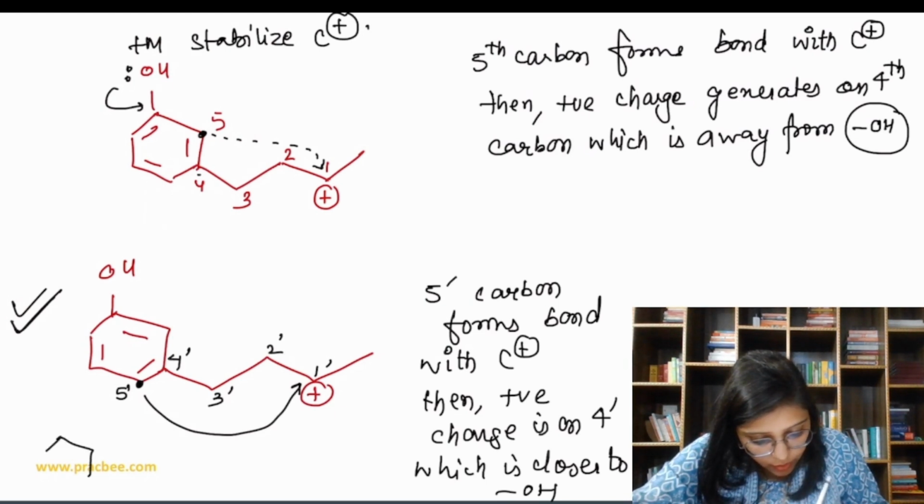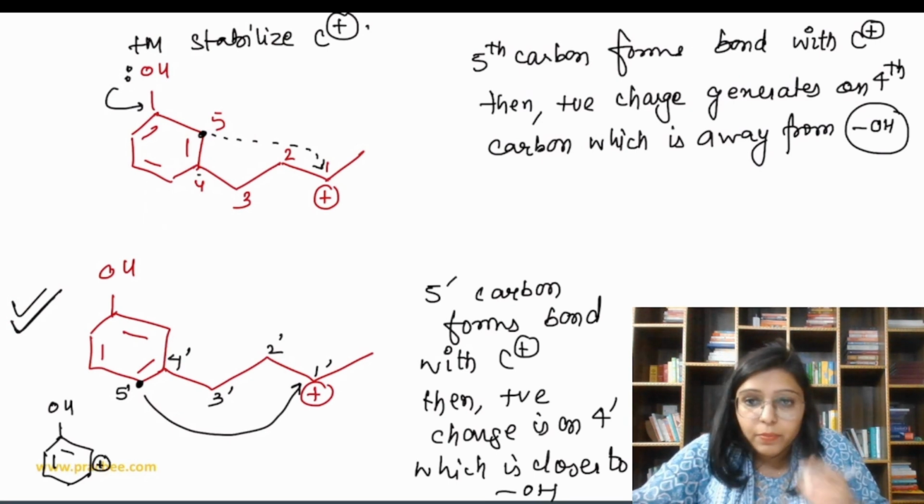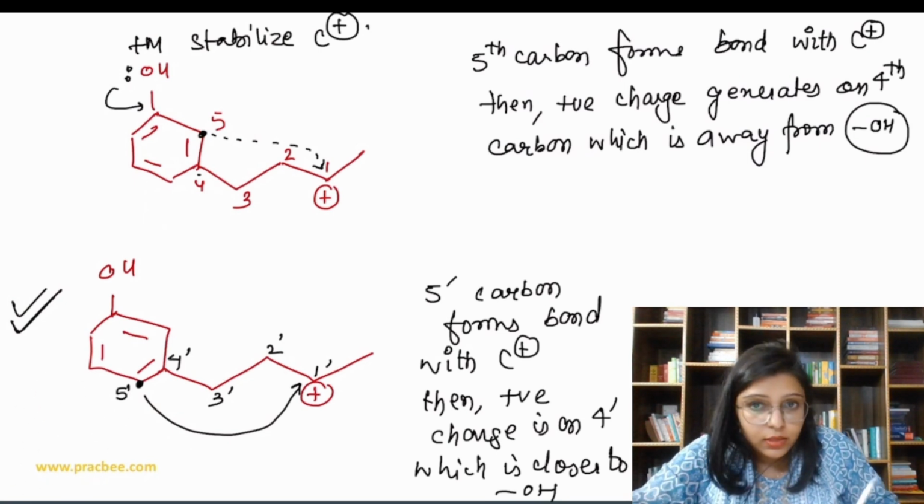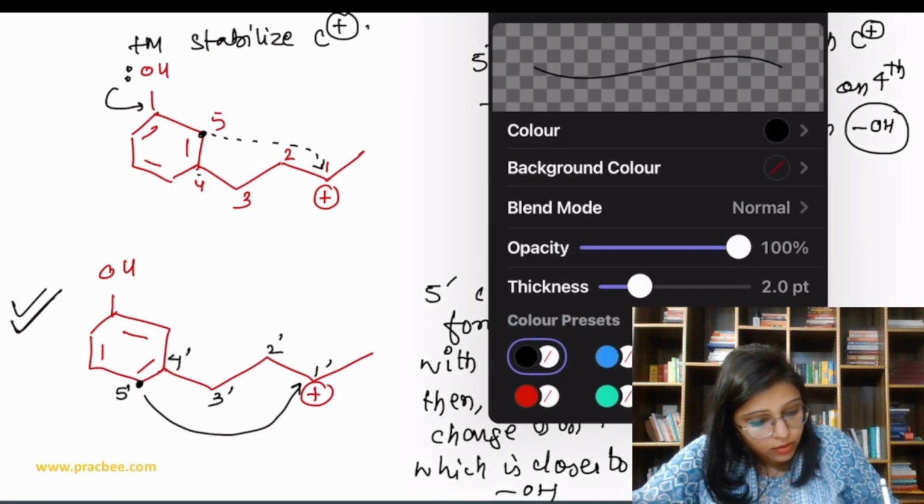So if I'm going to form a ring, we have OH over here, positive charge over here, and from here we can form a 5-membered ring. Let me write this over here.